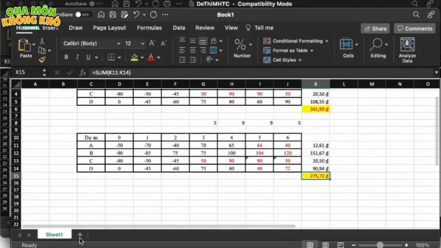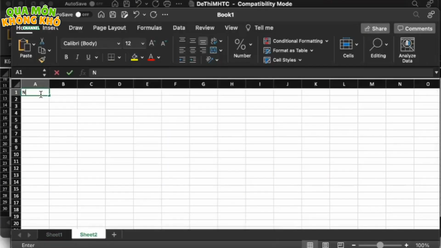And after that, you simulate 1000 NPV from this objective cell. So we have created a number column and the NPV column. For the number, you just mark from 1 to 1000 using the Fill in the Home tab.